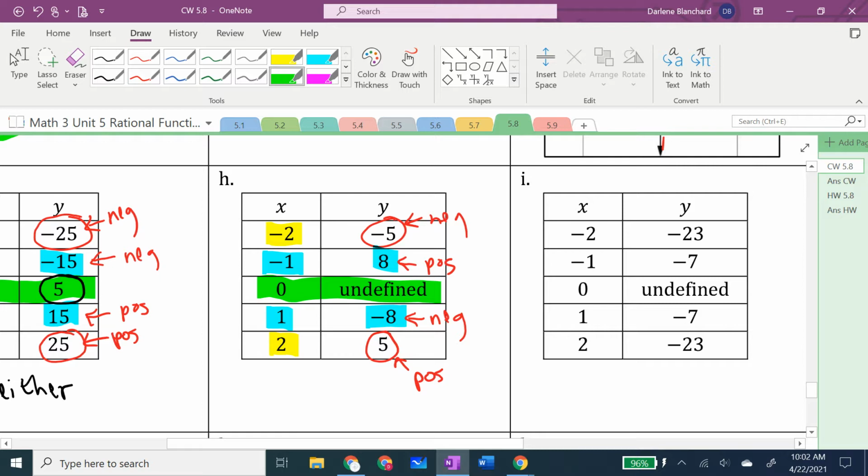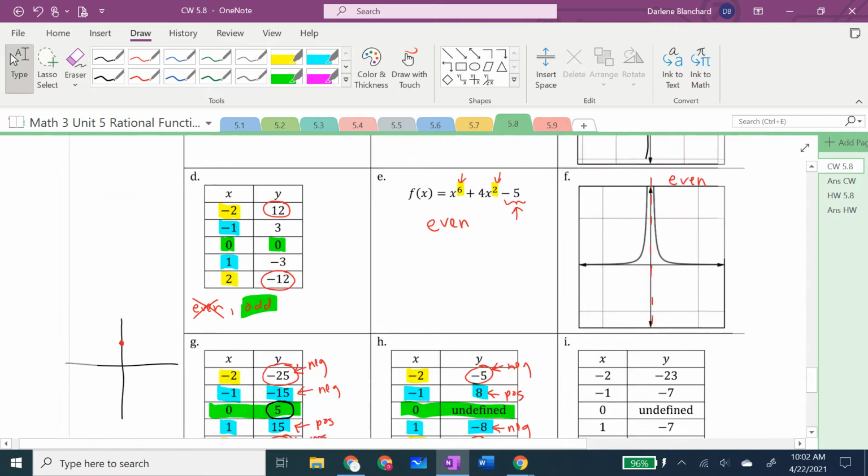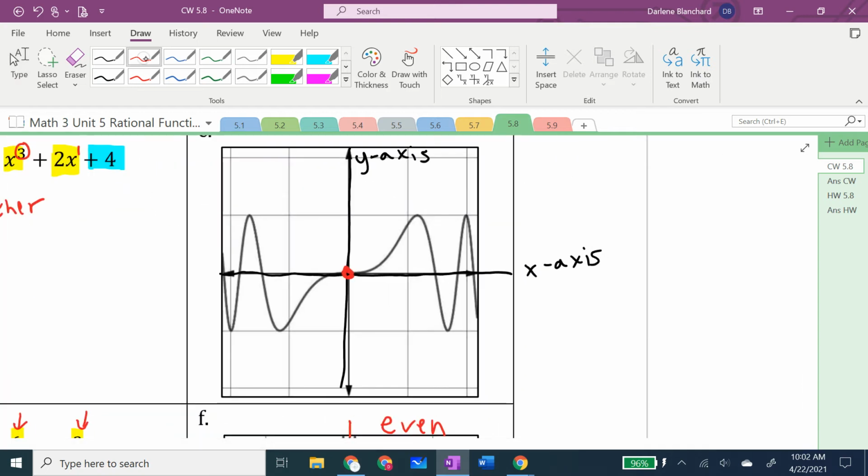So if it has opposite signs and not 0, 0. Okay, if it has opposite signs, then it's only able to be odd if it has one of two things. Either it has 0, 0 or 0 undefined. And let me show again, this odd graph goes through 0, 0.